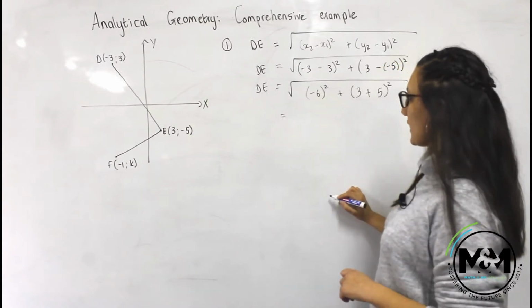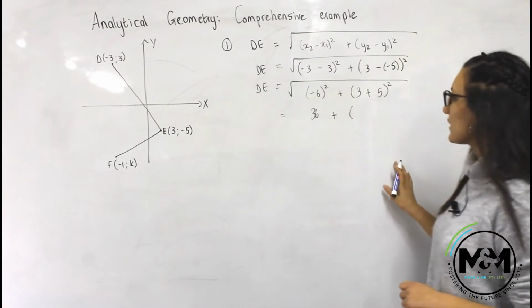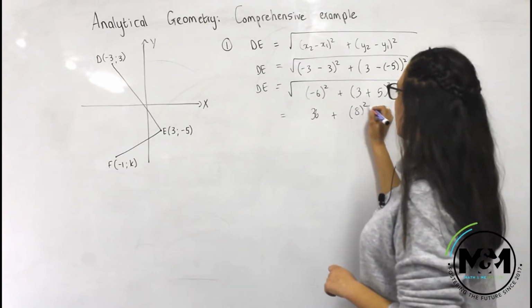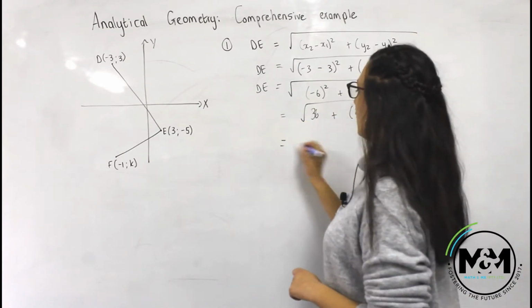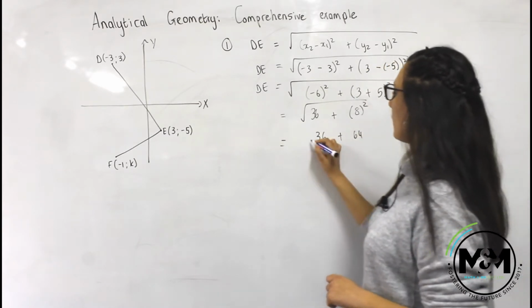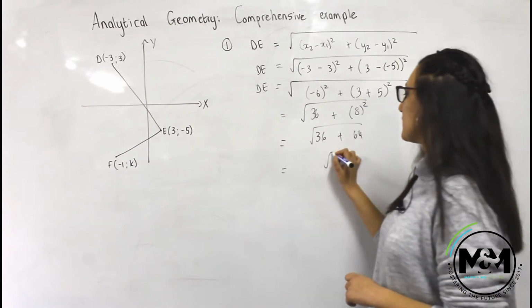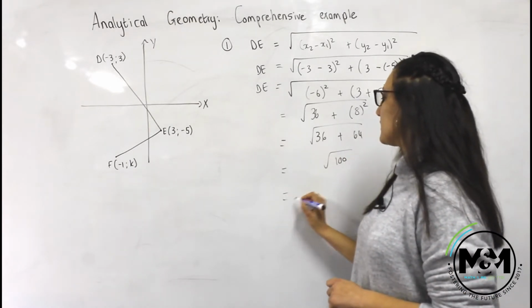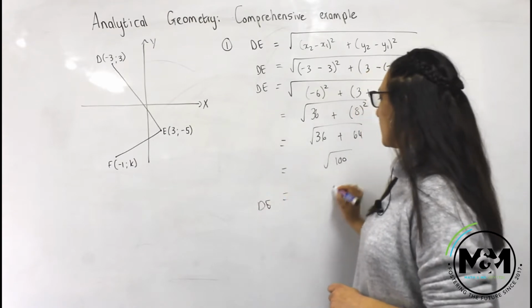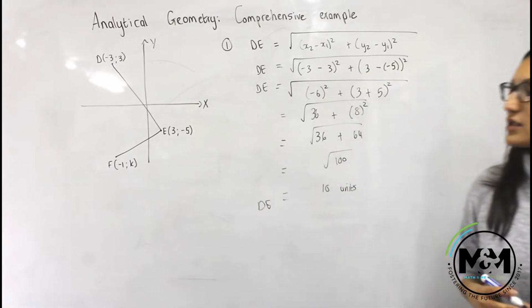Okay, negative 6 squared is 36 plus this is 8 squared, which is 64. 36 plus 64 gives me 100, so the square root of 100. So then the length of DE is 10 units. Okay, that's your first question.